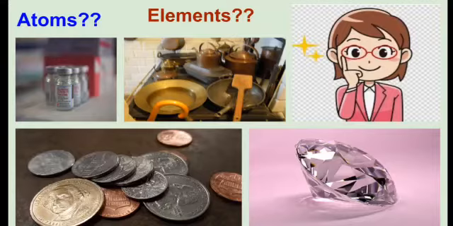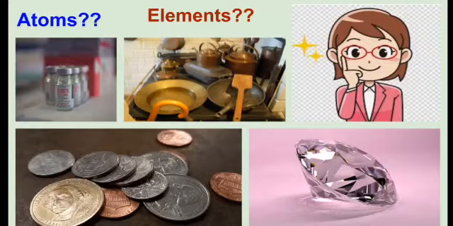Most medicines, especially vaccines, are kept in a glass jar, and the lid is made of metal, and diamond is a special kind of element. So they all have different qualities.